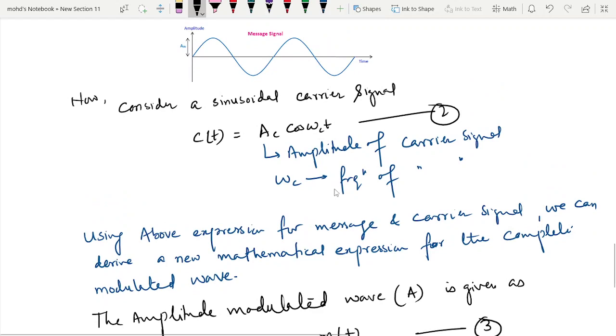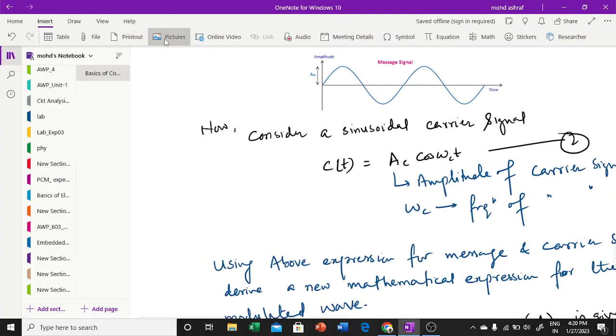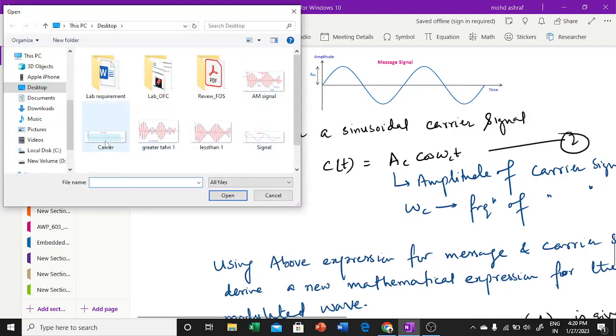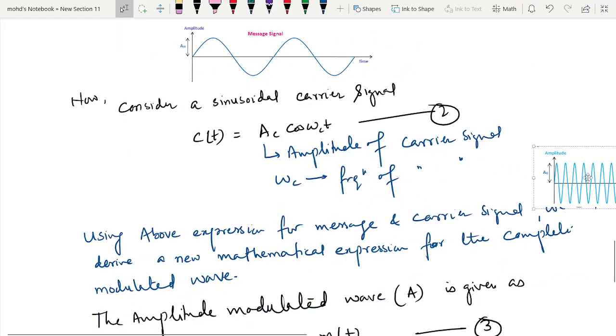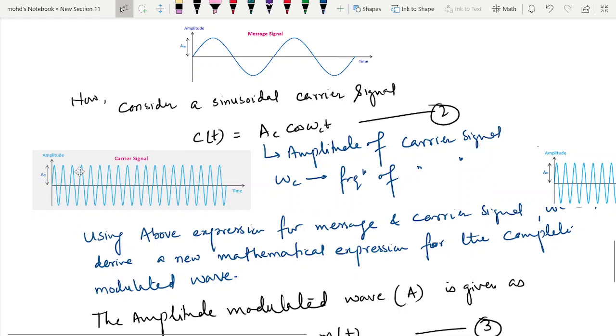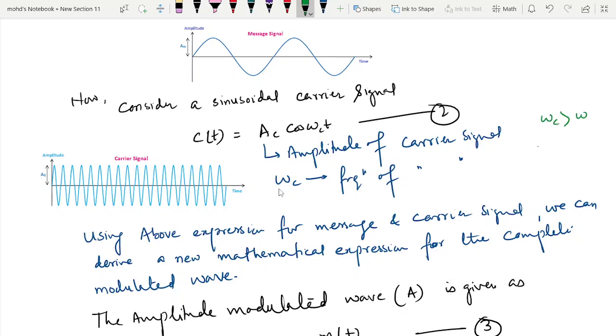Now if we draw the carrier signal, it will look like this. We have a carrier amplitude Ac and frequency ωc, and generally the frequency of the carrier signal is greater than the frequency of the message signal.